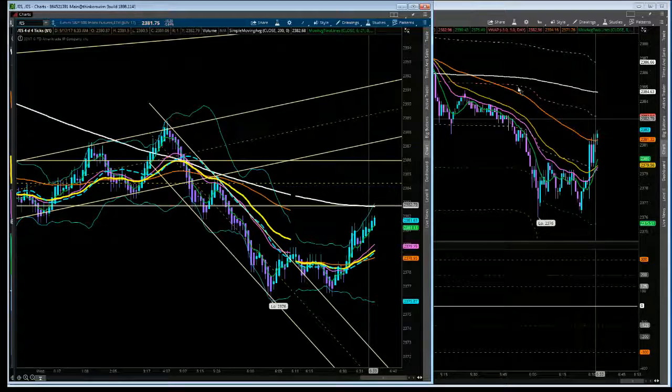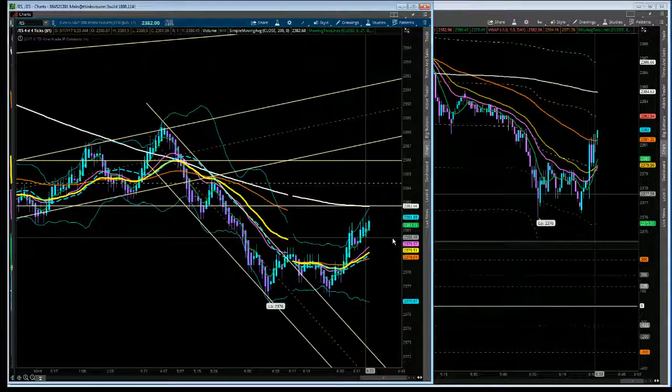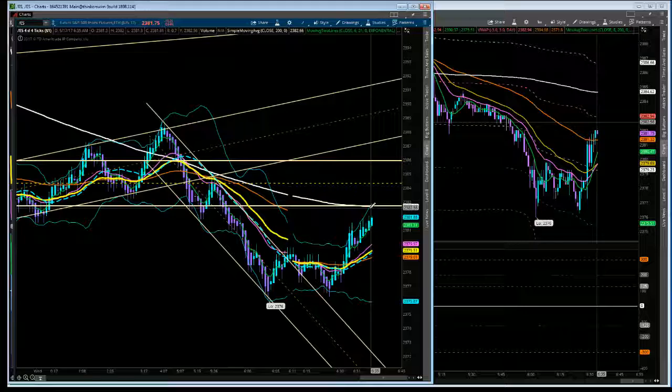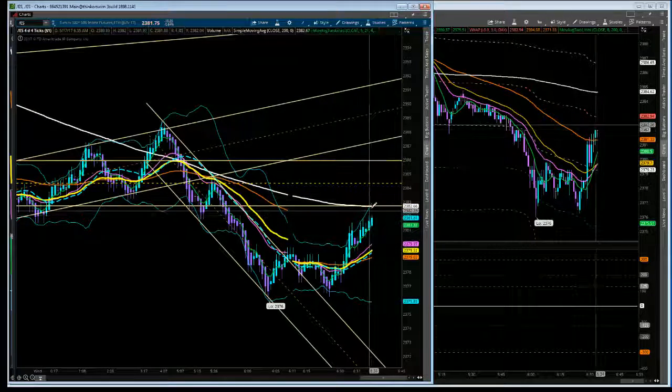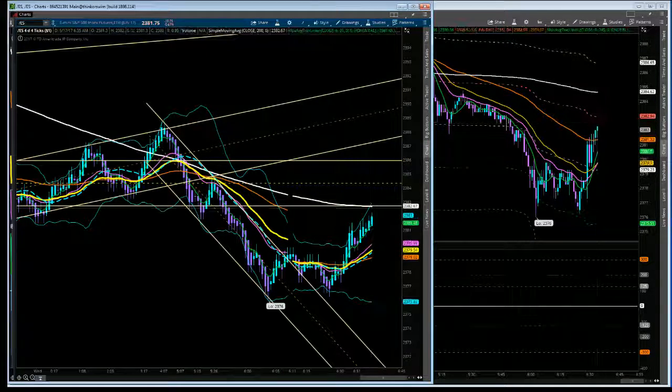Making its way up to the center of the VWAP here. There we go. These two are just going to come up barely and kiss here. Let's see what that looks like.